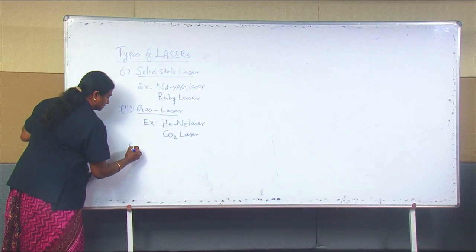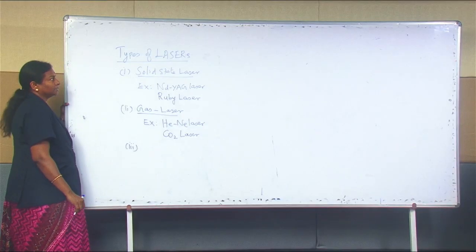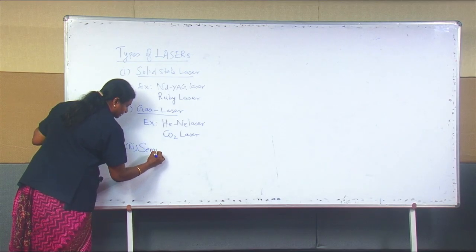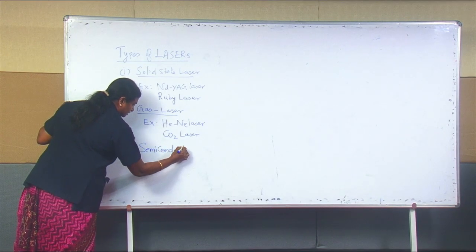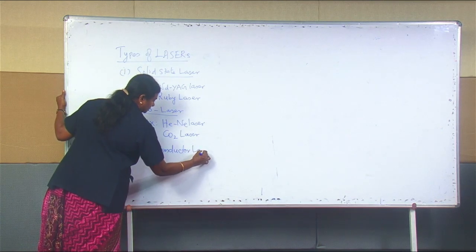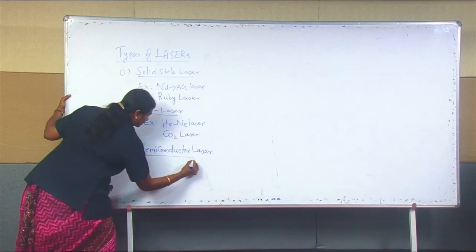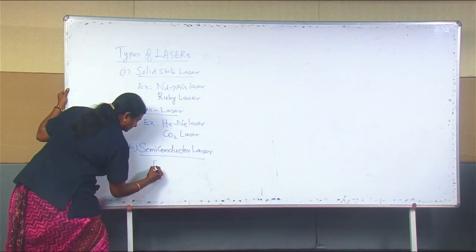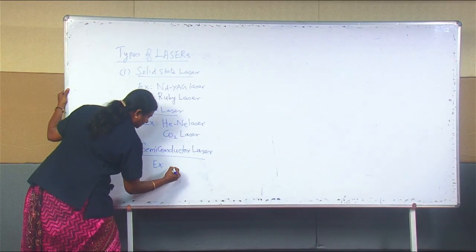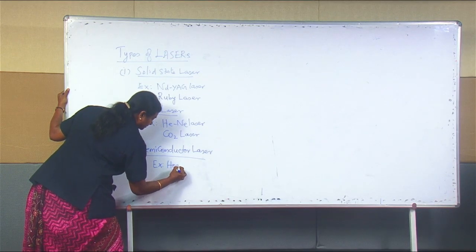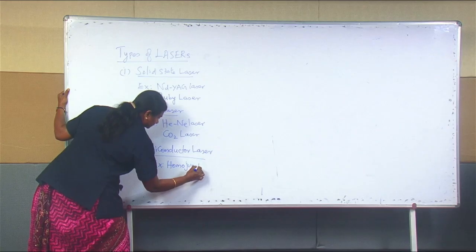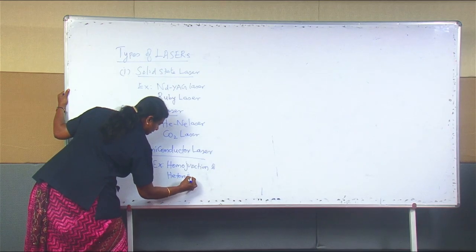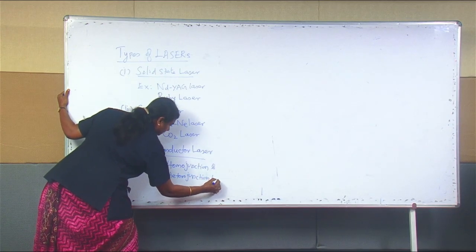And then the third category, the third important type of laser, is nothing but our semiconductor laser. Okay, semiconductor laser. In the case of semiconductor laser, examples are homojunction and heterojunction laser.